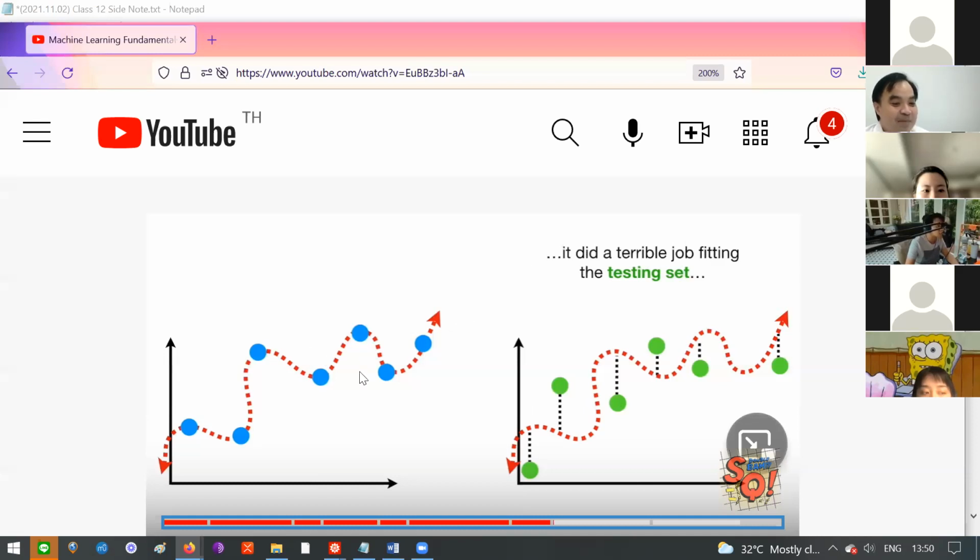So if you think about fitting a straight line, it's going to have some error. Maybe it has 10% error here, 12% error here. But an overfitting model will have 0 error here and 25% error there. It's the variability in error with respect to the data set.